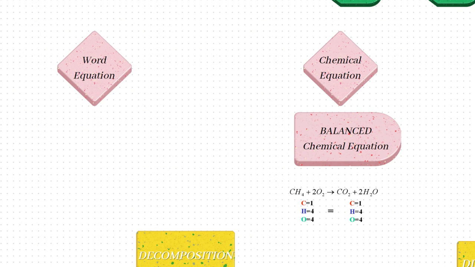Chemical equations can be divided into two: skeletal equation and balanced equation. A skeletal equation is an equation which is not balanced. You have learned a law in class 9, that is the law of conservation of mass. That is, mass can neither be created nor destroyed, but it can only be shifted from one form to another.